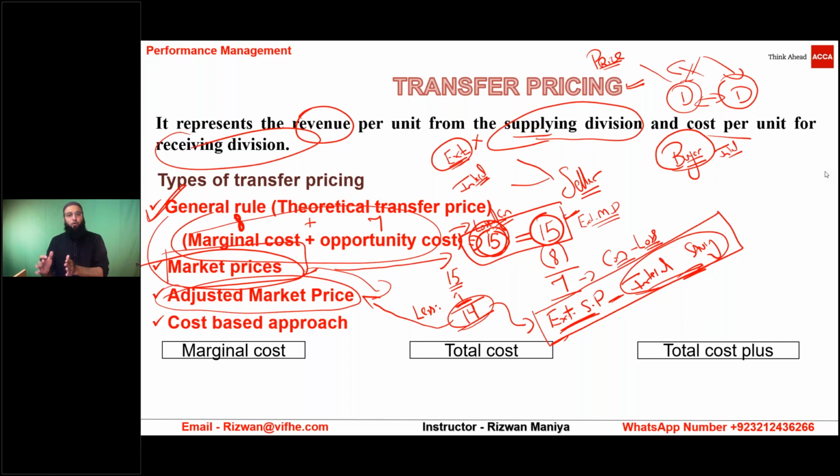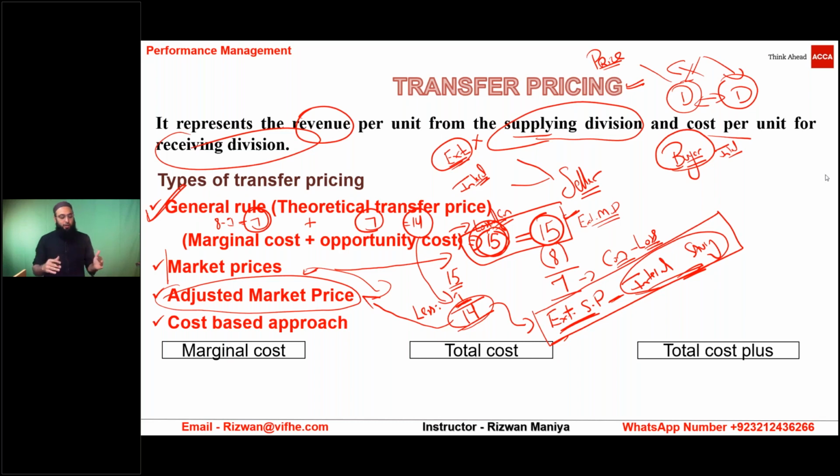Listen, if you remove this saving, 8 minus 1, again you are at 7. See, again you are at 7. 7 plus 7 is what? 14. So you are at the same point. It's the same thing. Agreed? Clear, everyone? So in short, it's simple: any genuine saving you remove, and that's the adjusted market price, and that's what the general rule says.